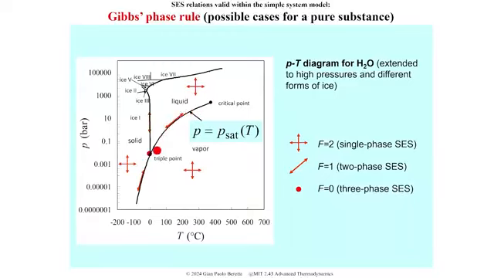Along this curve, which is represented by the saturation relation between pressure and temperature, we have the coexistence of liquid and vapor. And as you see, the variance is 1. If I want to move to a neighboring equilibrium state with different pressure, I also have to adjust the change in temperature so as to follow this curve up to the critical point.